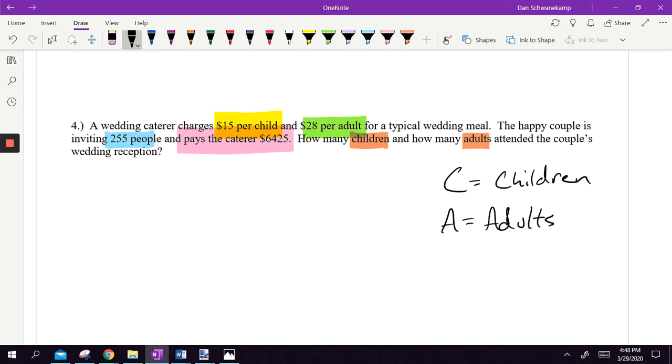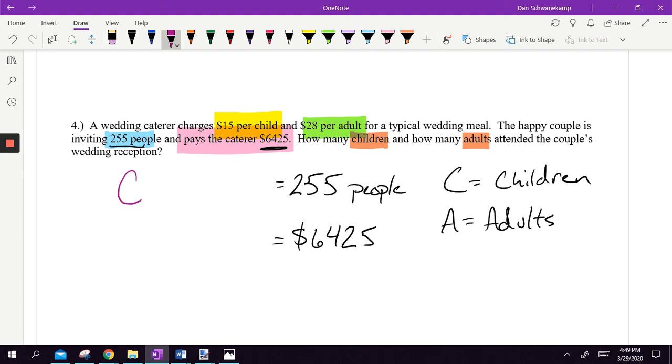We're looking for totals. What totals do we have? Well, I got a total right here, 255 people. And my other total is the money, $6,425. Top equation, we're trying to figure out how do we get the amount of people. That one's pretty easy. All you got to do is add.